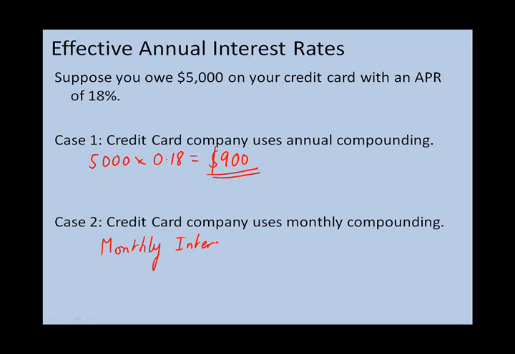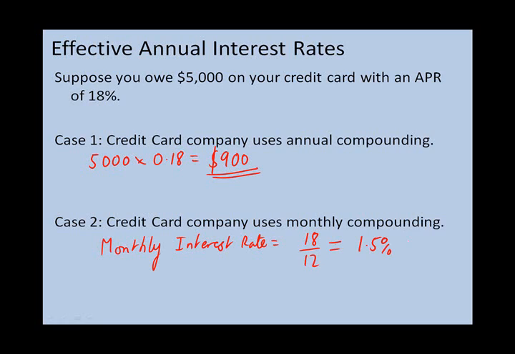The monthly interest rate is going to be the 18% divided by 12, which gives us 1.5% per month. That's the interest rate we will be charged each month.